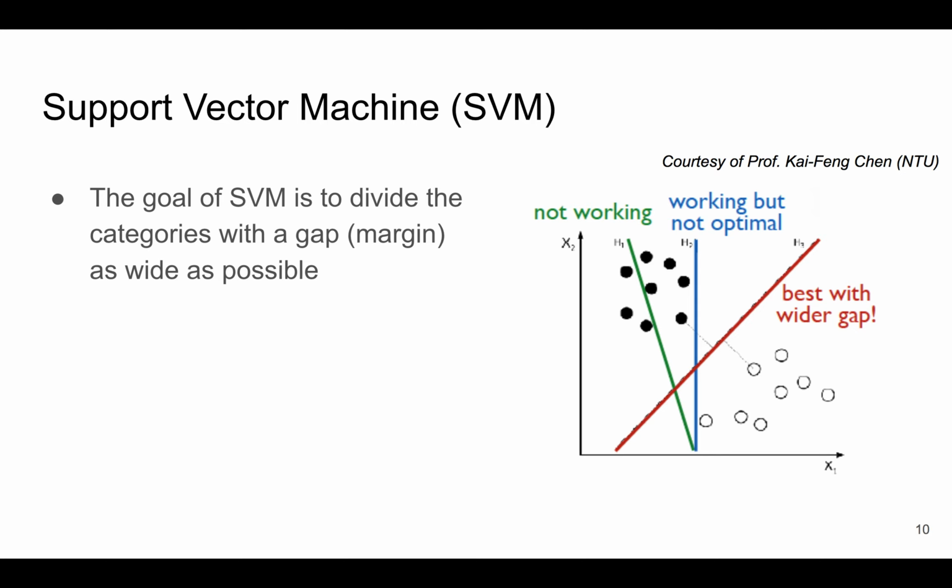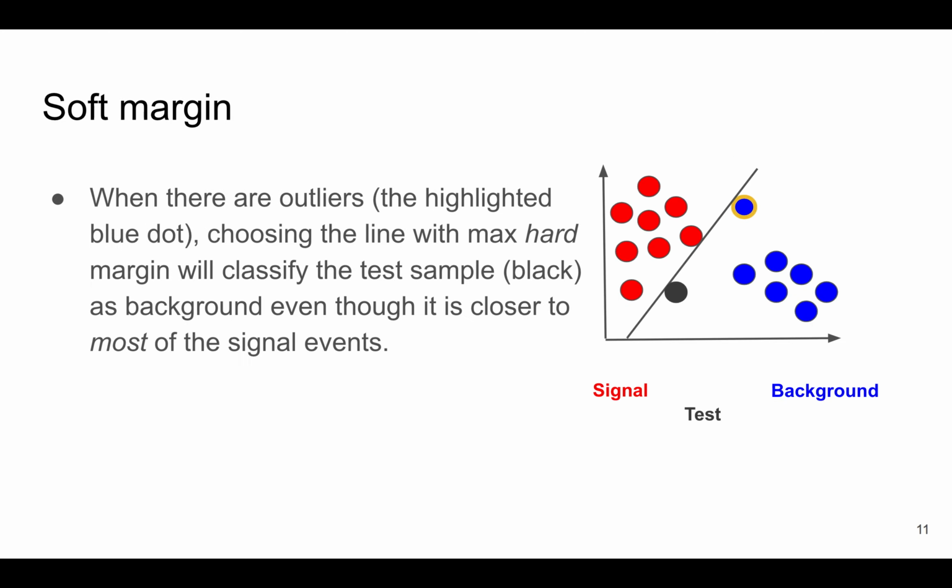Therefore, the goal of the SVM is to divide the categories with a gap or margin that is as wide as possible, as illustrated by the plot on the right-hand side. But there are often outliers in the training data, like the highlighted blue dot on the plot.